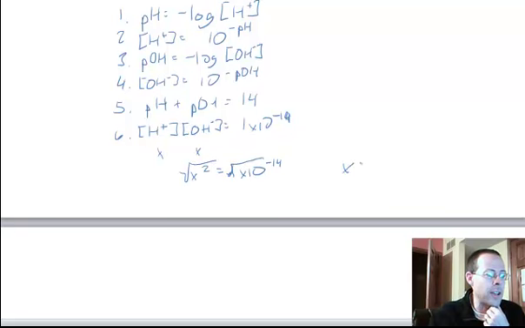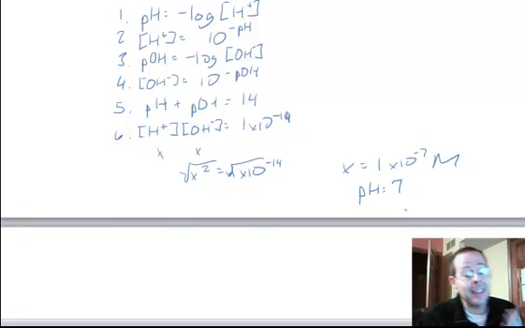We're going to find that x equals 1 times 10 to the negative 7th. So if this is our concentration, alright, and we take the negative log of that, our pH equals 7. So again, that is why at pH 7, it's neither acidic nor basic, because it has just as much hydrogen ions as it does hydroxide ions.